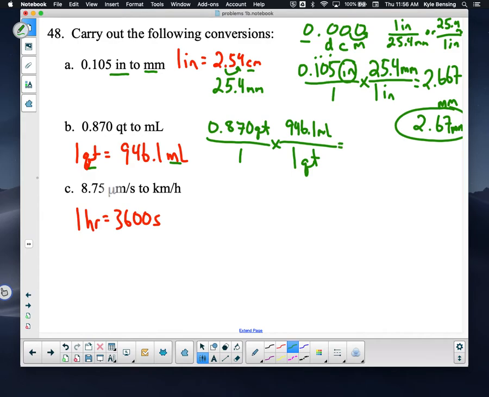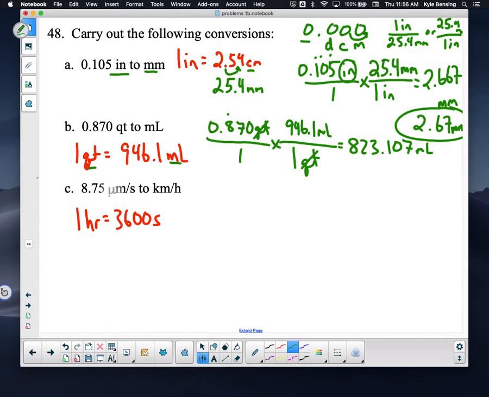I multiply going across the top. 0.870 times 946.1 equals 823.107. This will be milliliters, since quarts and quarts cancel.